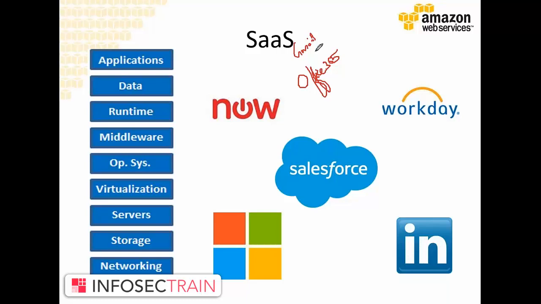You go to Gmail, create a Google account, and then you can start using the email service. Or you purchase an Office 365 subscription, a monthly or yearly plan, and based on that you consume it.